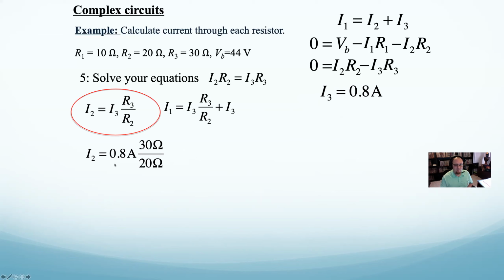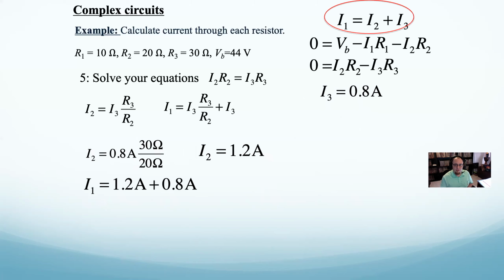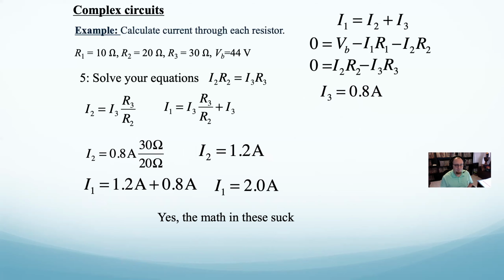I2 is I3 R3 over R2. I can plug in and get the value. I1 is I2 plus I3. I can get a value. And so, yeah, you just start.